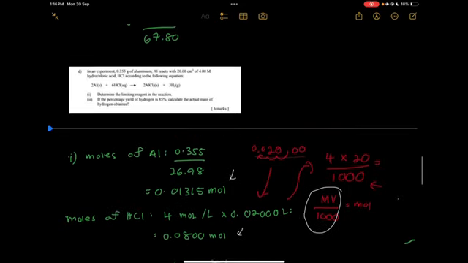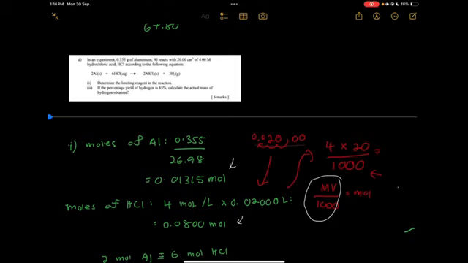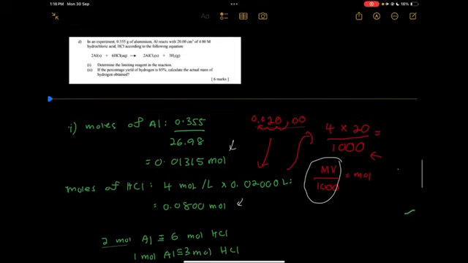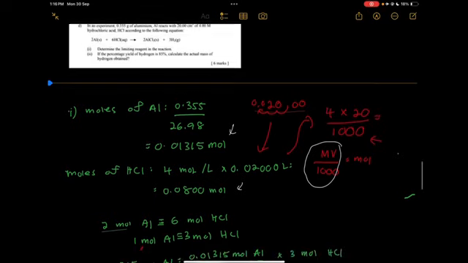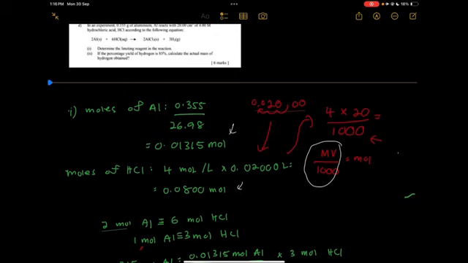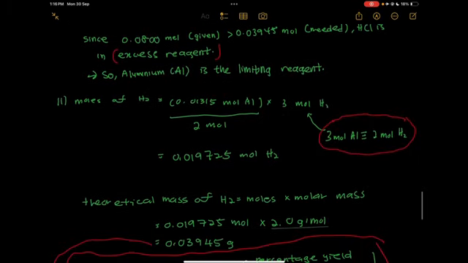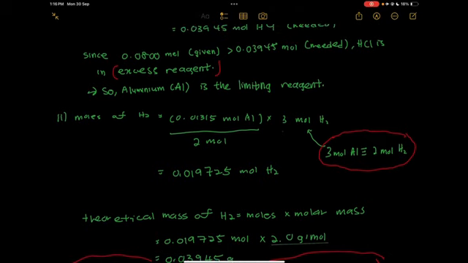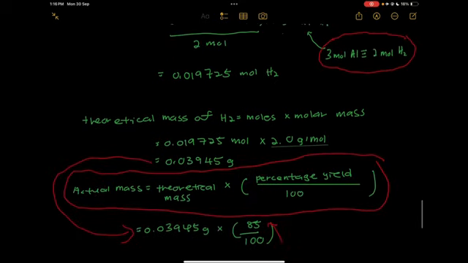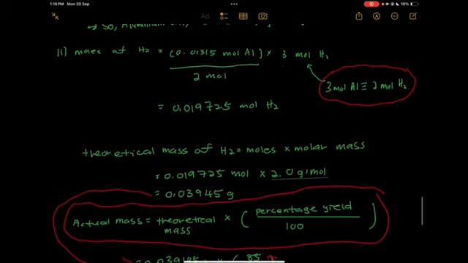So for question 2, if the percentage yield of hydrogen is 85%, calculate the actual mass of hydrogen obtained. It wants the actual mass of hydrogen obtained. So we must find the moles of H2 first. Use the formula for mole, then we will get the answer 0.019725 mole H2.